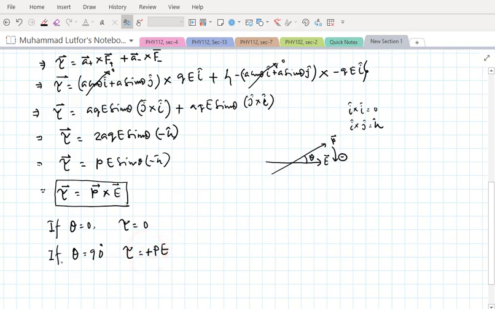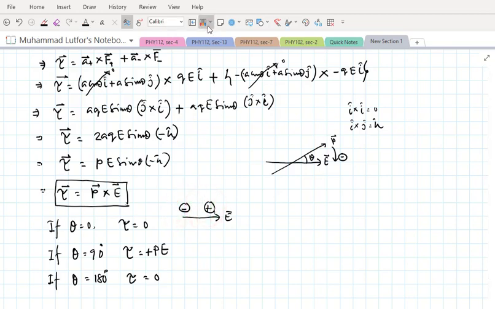In that case, if theta equals 180 degrees, then the torque is again going to be 0. But this is actually the unstable condition. I can also draw this scenario. Say I draw, this is your electric field, this is E, then this is your negative charge, this is your positive charge.